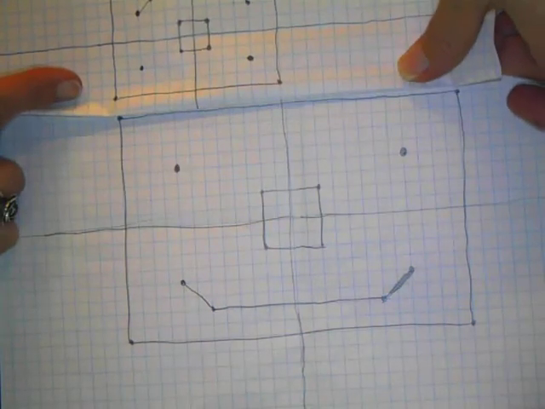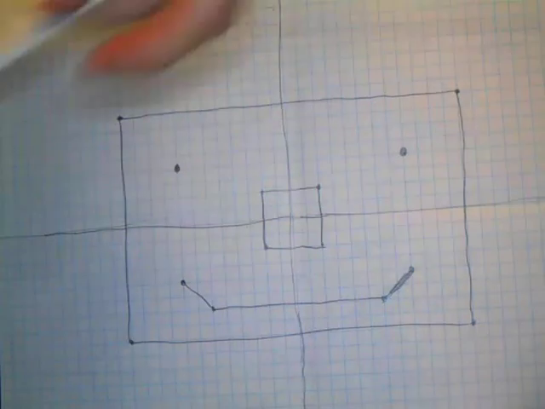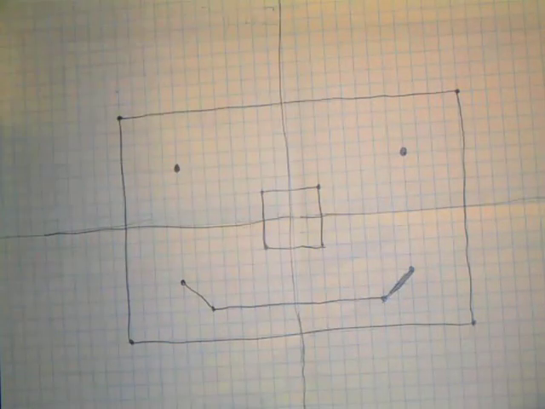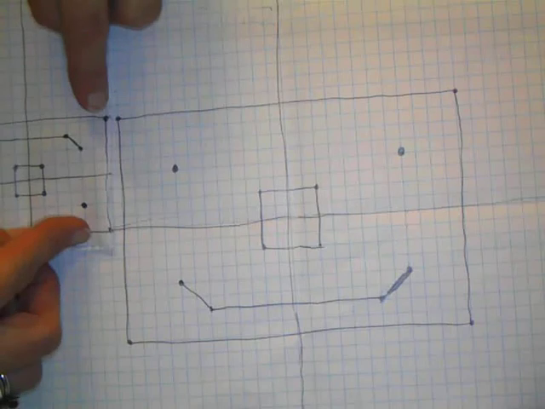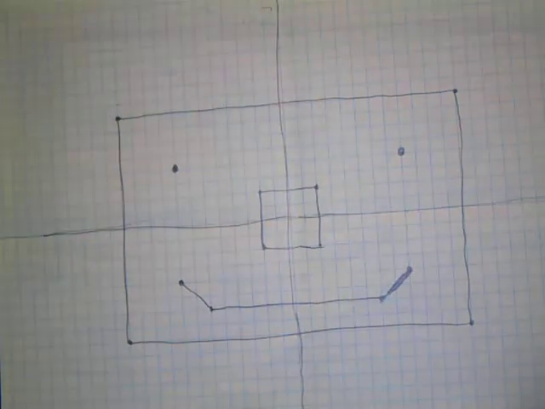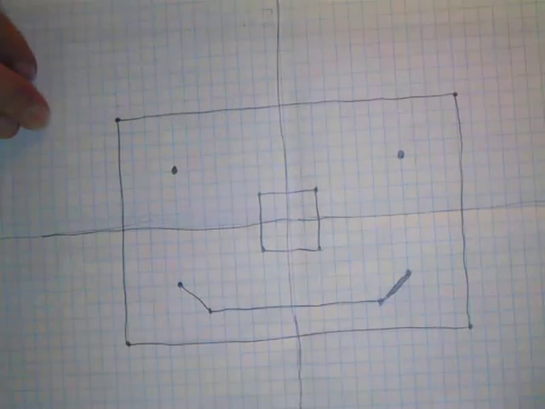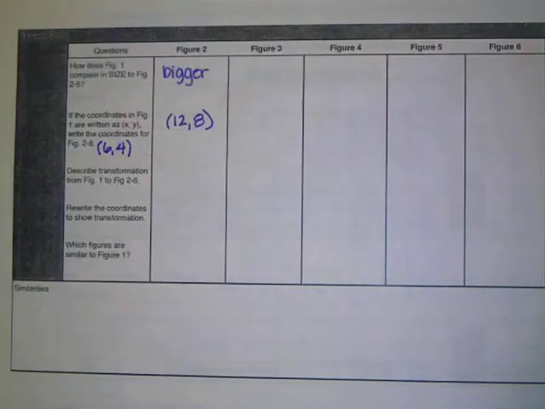Is it 2 times bigger? Yes. Okay, and let's double check their height. 2 times bigger? Yeah. When we're looking at these points, we're actually seeing that the length and the height are 2 times bigger.